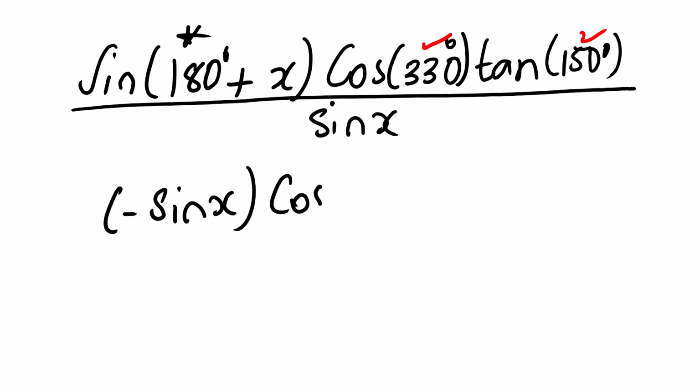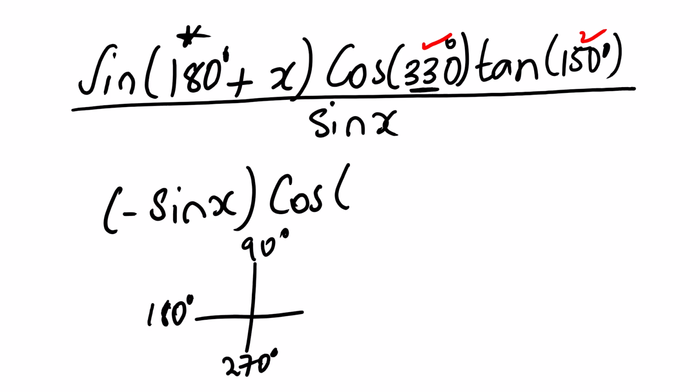Now for cos, for this angle, we need to change this angle such that it's one of the special angles. We need to express 330 in such a way that we have one of these angles we have on the Cartesian plane.